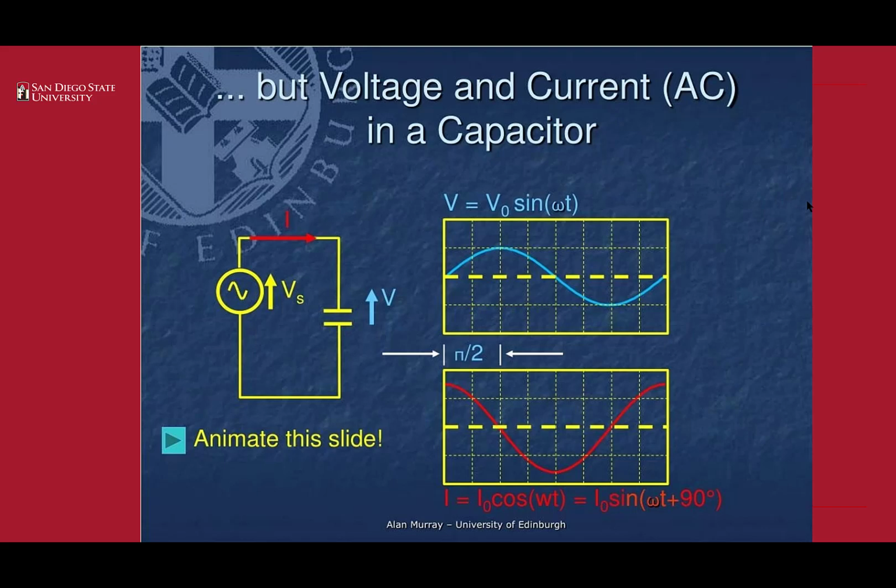And when we formulate voltage as V0 sine omega t for the same circuit, the current becomes I0 cosine omega t, which is equal to I0 sine omega t plus 90 degrees, and this is the phase shift.